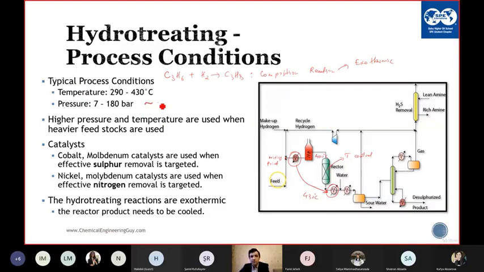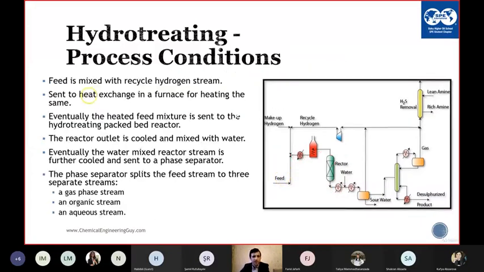It is mostly around 50 bar in our refinery, at Baku Hawar refinery. The feed is mixed with the recycled stream, sent to heat exchange, and to the furnace for heating. Eventually, the heated feed mixture is sent to the hydrotreating packed bed reactor. So if you see something like this, this is a packed bed.